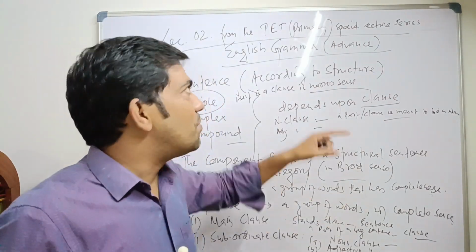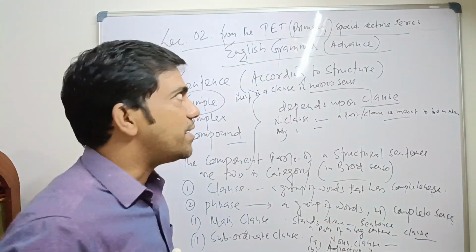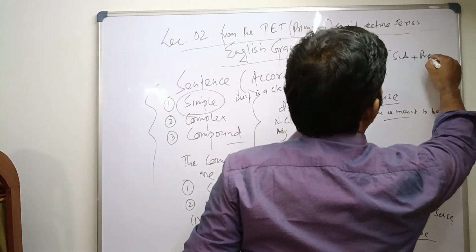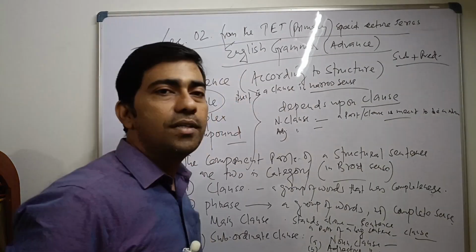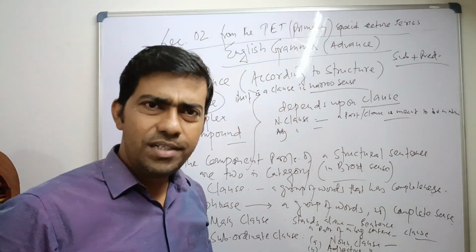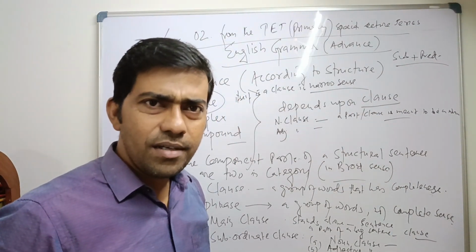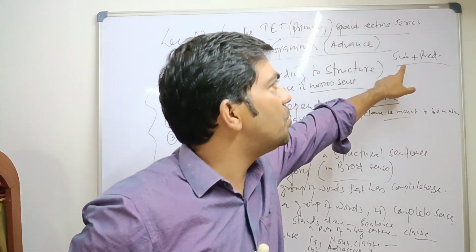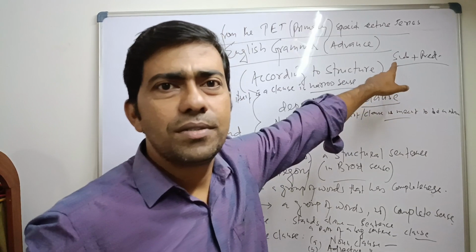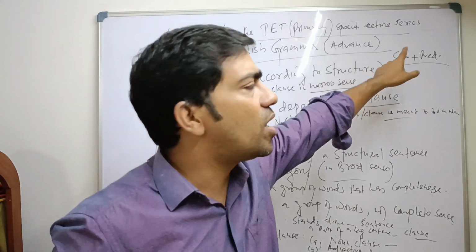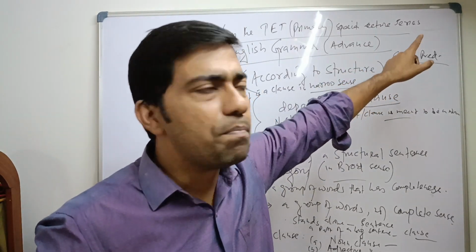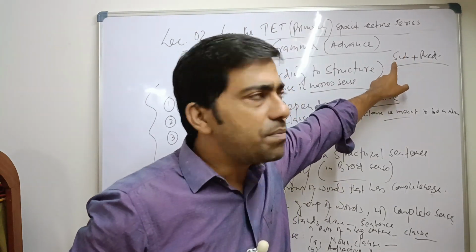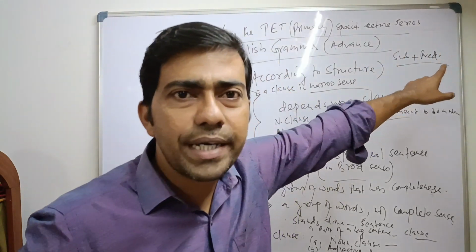So now comes the earlier learning, subject and predicate. You learned it. Subject and predicate both are the noun part. But in subjects there may be compound subjects, in predicates there may be compound predicates.